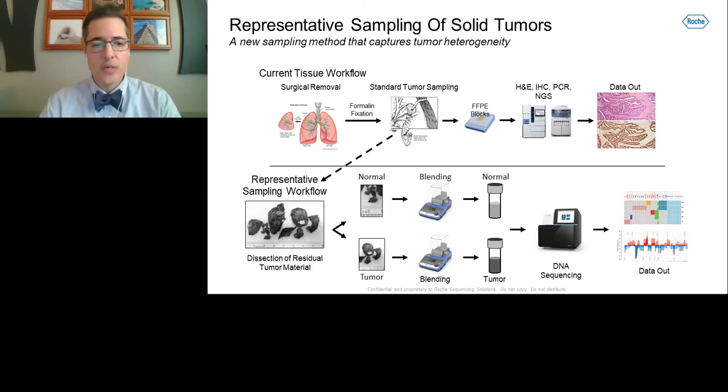What we are doing is we are having surgical pathologists or pathologist assistants dissect out the rest of the tumor and a portion of normal, as you can see on the bottom. We then homogenize these samples, creating essentially a liquid tumor of that solid tumor. We then use the normal as the control when we sequence the tumor.